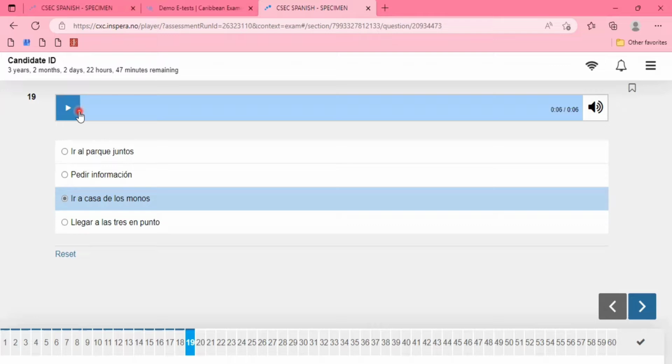The best response, I would say, is that they can go to the monkey's house or to the monkey's area, whether that's a cage, etc. Because that specific area was mentioned, that is one. And two, they were told that they could continue looking at the other animals. So this is the closest response.